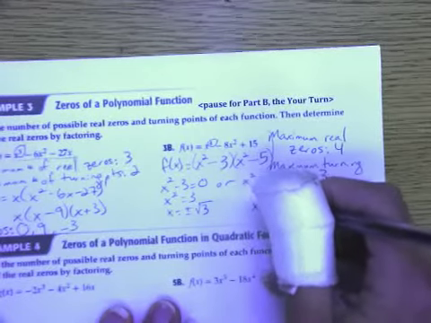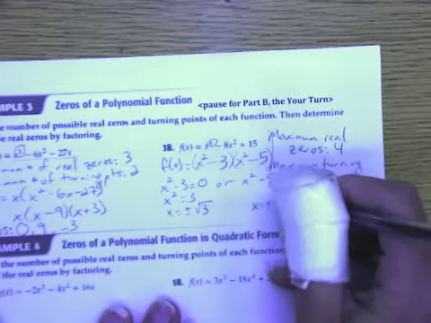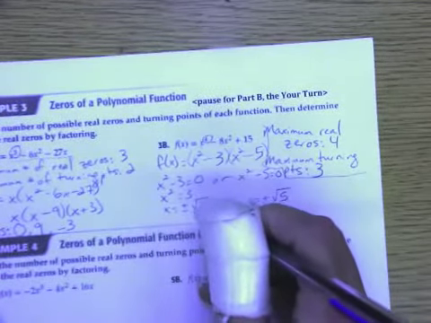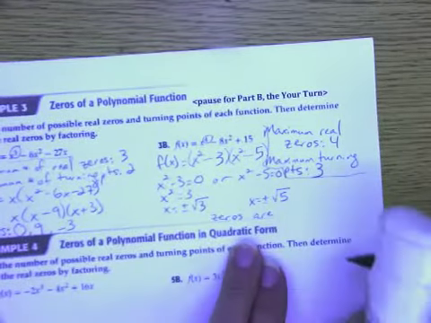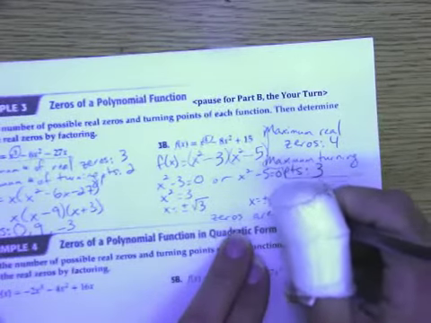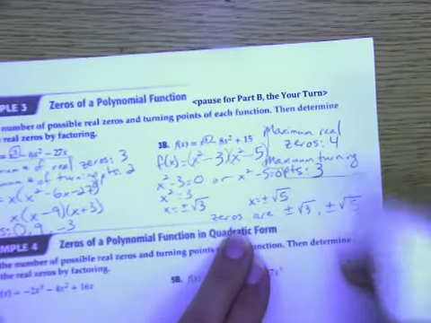And same idea here, I'll end up with x equals positive or negative square root of 5. And so my zeros are positive and negative square root of 3 and positive.